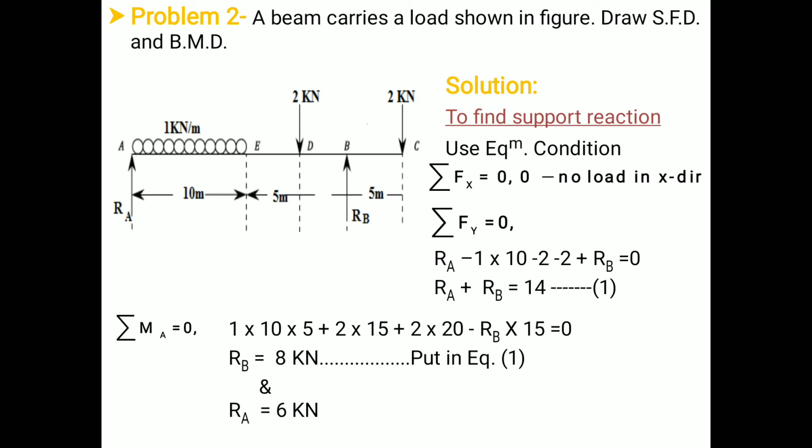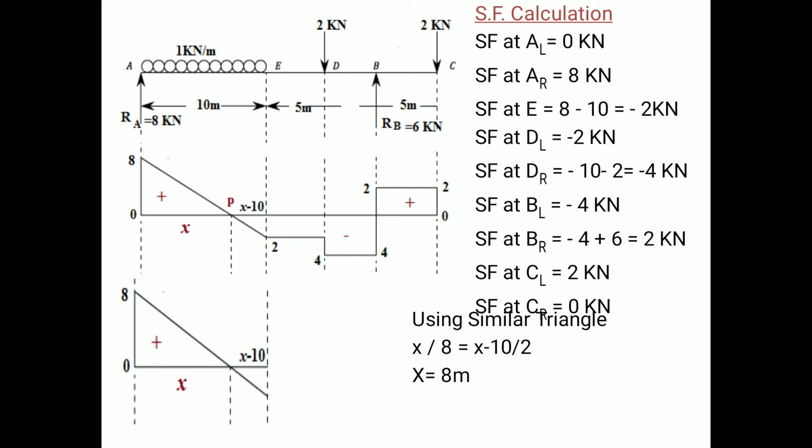On solving this equation, we have RB equal to 8 kN, and after putting RB into equation 1, I have RA equal to 6 kN. So by using equilibrium conditions, we have determined the reactions RA and RB, that is 6 kN and 8 kN respectively.